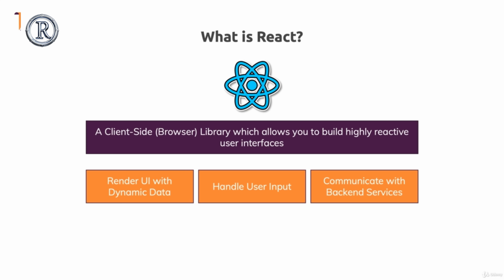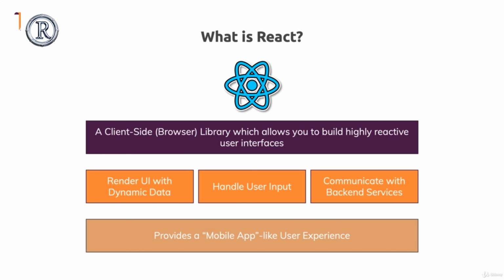Now we use libraries like React, and there are alternatives like Angular, with which you would have the MEAN Stack instead of the MERN Stack, which do the same. But we use such technologies to provide users with a mobile app-like user experience, where everything happens instantly, where we have a great reactivity, where things on the user interface really feel great and instant, and we simply provide a really awesome and amazing user experience.